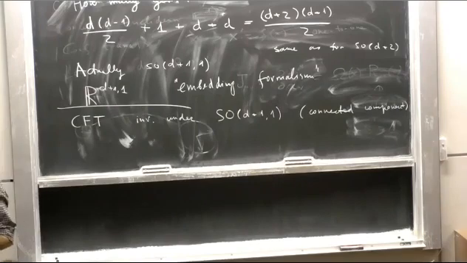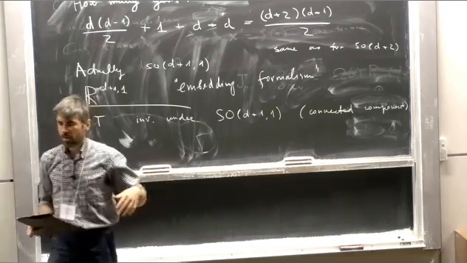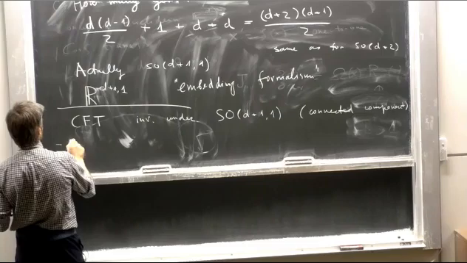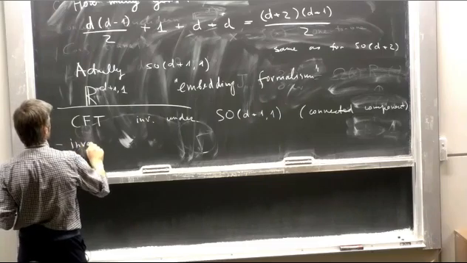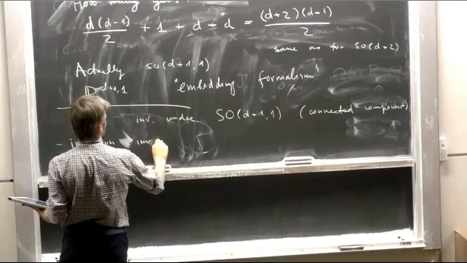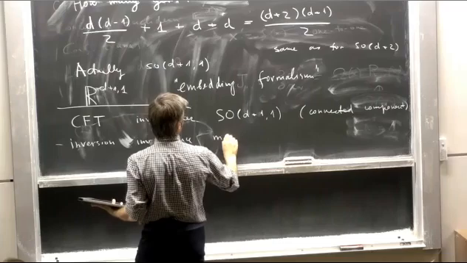The theory might or might not be invariant under the inversion. This is an extra requirement: invariance under inversion is an extra discrete symmetry that some CFTs may have and some may not.